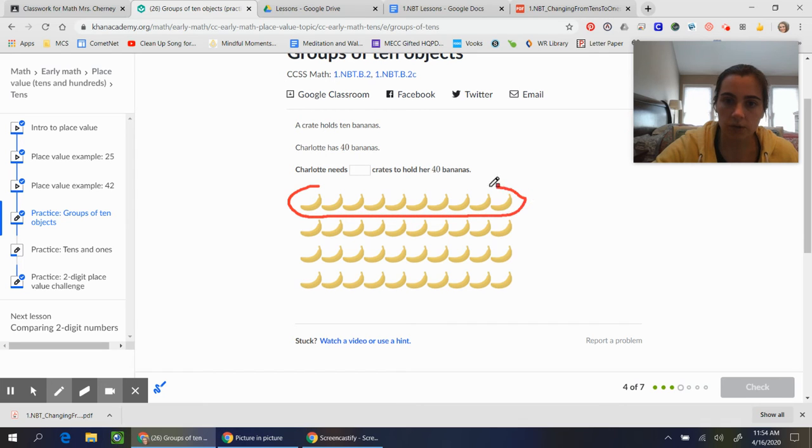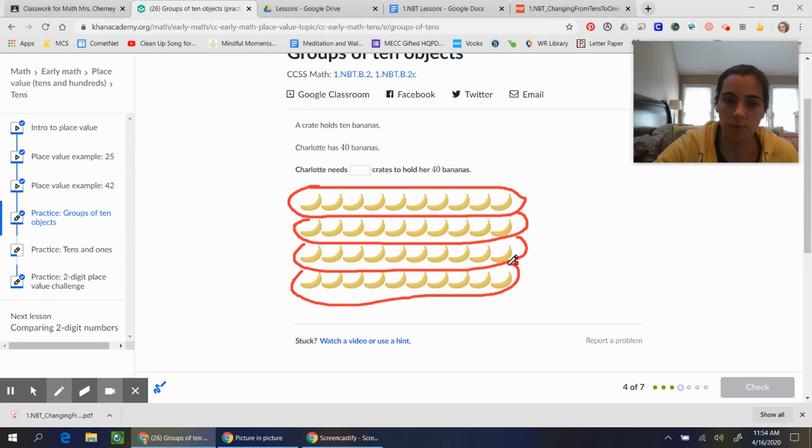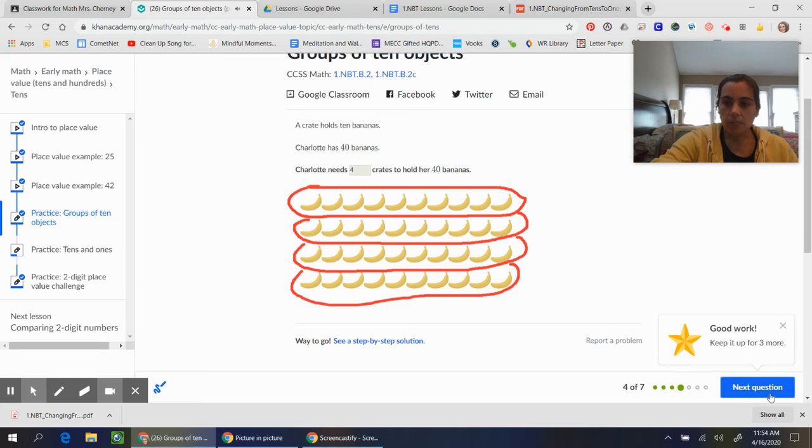Here's a group of 10. Another group of 10. Another group of 10. And another group of 10. How many groups of 10 are there? 4. So she's going to need 4 crates to hold her 40 bananas. Okay, and then I'm going to stop right there and I'm going to let you do the rest of those problems.